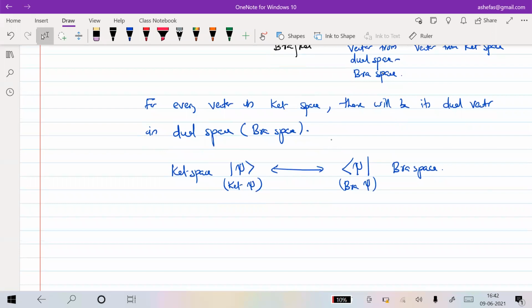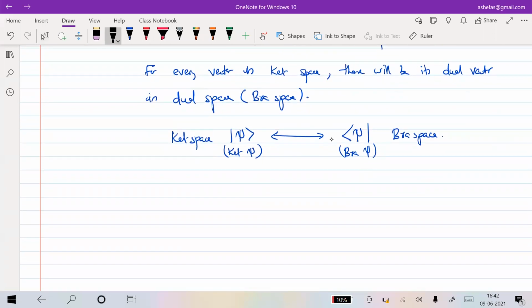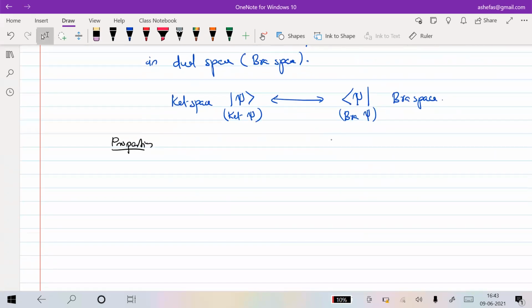Okay, now we can just list out the properties of the Dirac notation. So as we said, for every Ket vector |psi>, there will be a corresponding Bra vector <psi| in the Bra space. So this is the first property. For every Ket vector psi, we can identify a Bra vector psi. So this is in the Ket space. This is in Bra space.